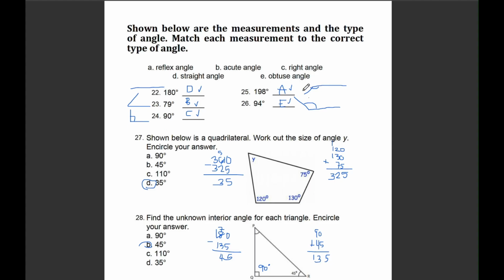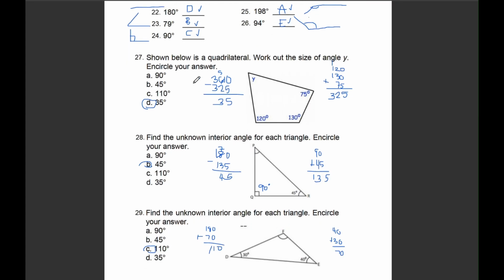Number 27. Quadrilateral, find y given 120 degrees, 130 degrees, and 75 degrees. Options: 90 degrees, 45 degrees, 110 degrees, 35 degrees. Why not? 90, 45, and 110 do not satisfy the interior angle sum.